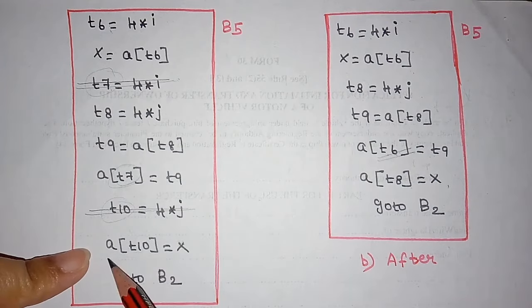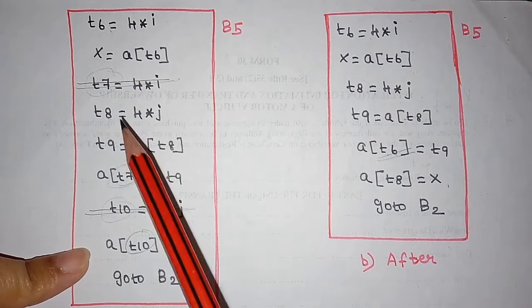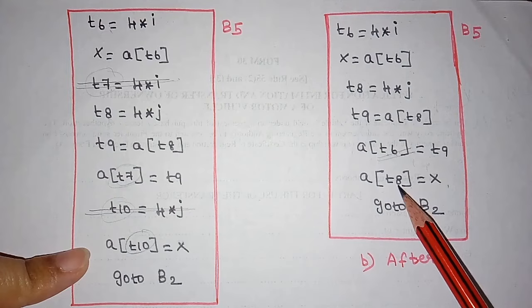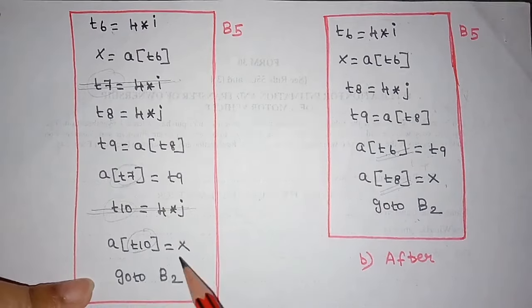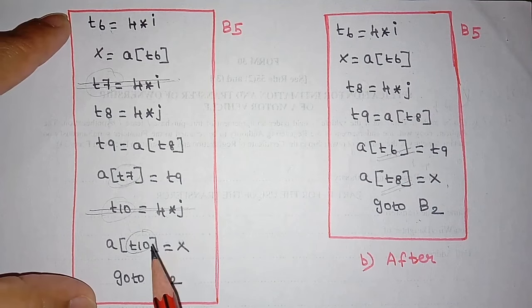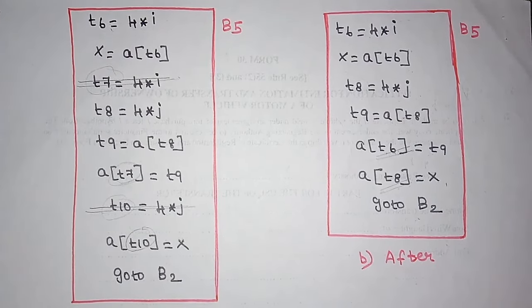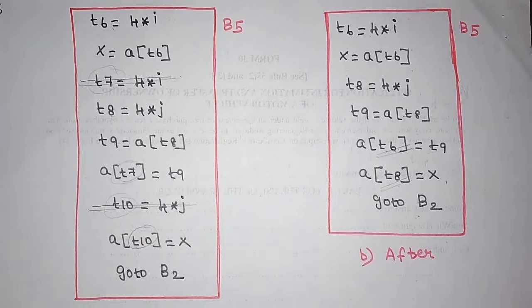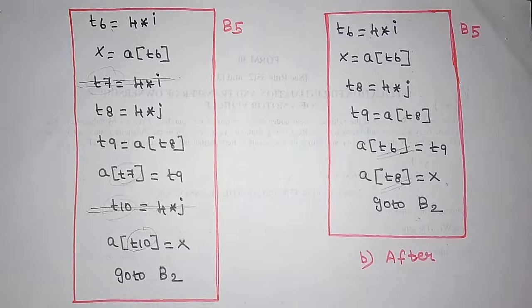Then the next statement contains t10, so instead of t10 we use t8. So we replaced t10 with t8 here, and finally go to b2. In this way we have optimized this block 5 by eliminating the redundancy, that is, by eliminating the local common sub expressions.